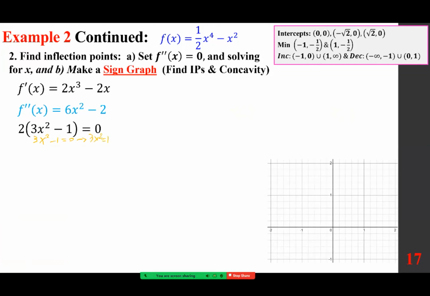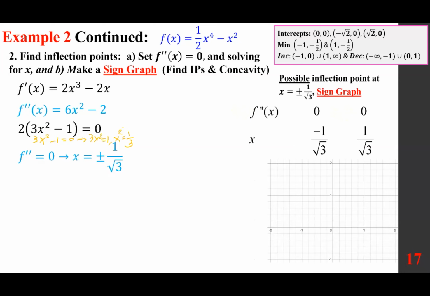Three x squared equals 1. And x squared equals 1/3. So it makes x plus minus the square root of that, which is plus minus 1 over square root of 3. And we are going to do the sign graph for f double prime.